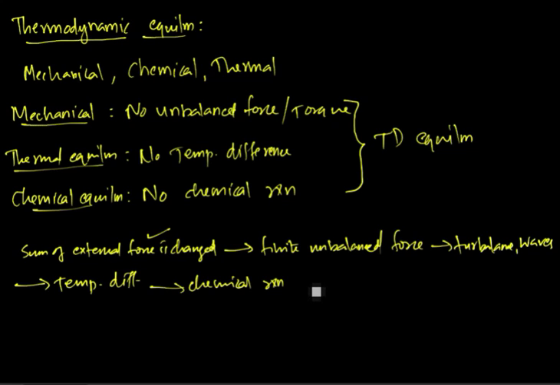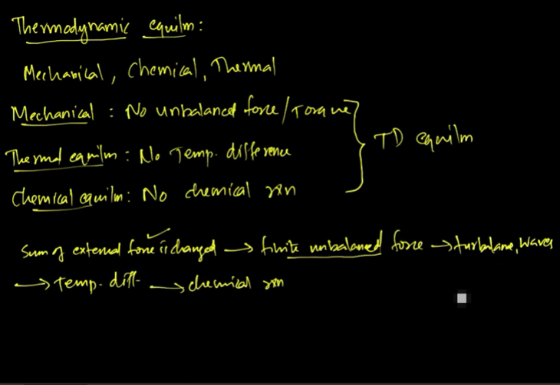But if we consider that the external forces are varied only slightly, so that the unbalanced force is infinitesimal, then it will not generate any turbulence or waves or any temperature difference or chemical reaction within the system.